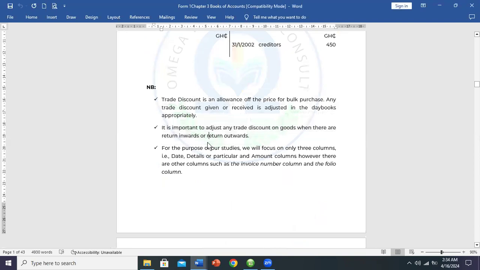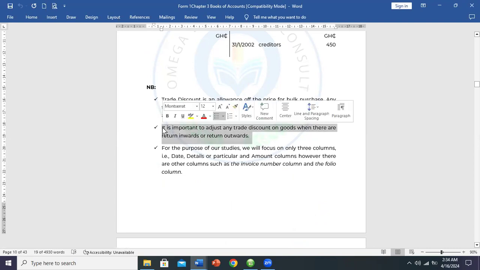Yes, who's going to do the reading? Prof. Richmond or Prof. Frank, whoever is ready can read it for me. What I have highlighted here. It is important to adjust any trade discounts on goods when they are returned inwards or returned outwards.